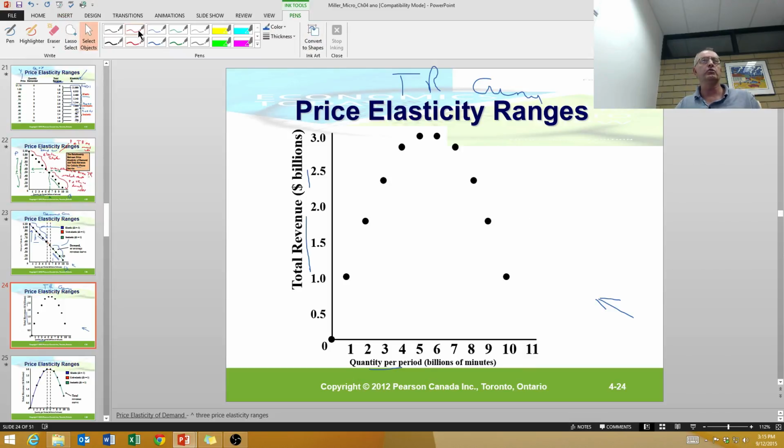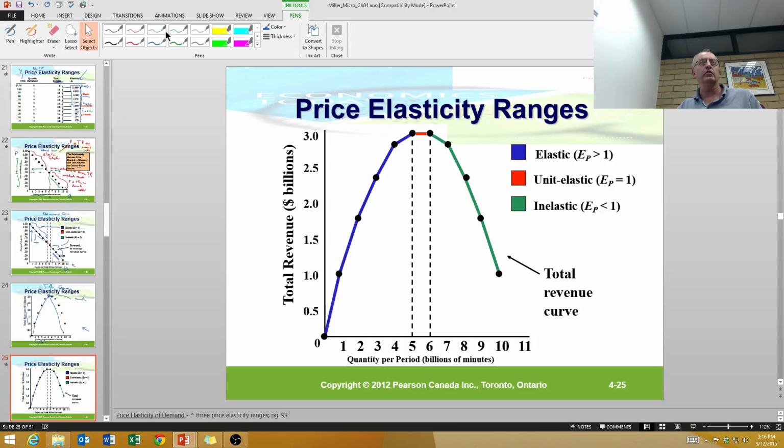As our quantity increases, our total revenues go through a phase of increasing. Then after a point, quantity increases but price is decreasing at the same time, and our total revenues start declining. So we have this point of maximum revenues up here, which of course corresponds to our point of unitary elasticity.